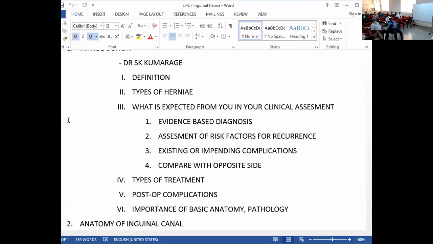So there is no syllabus. We are not bound to cover a number of surgical procedures, but we discuss common surgical problems with their relevant anatomy, physiology, and pathology mainly.